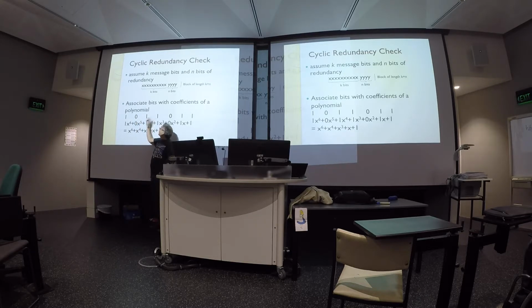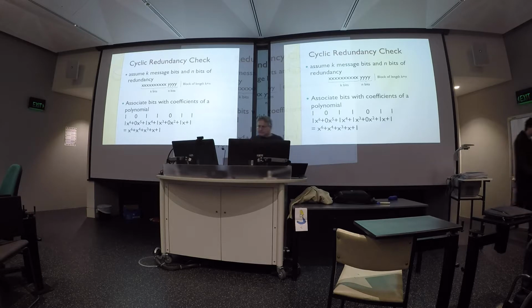We're only looking at the 1 terms in this polynomial. We've got a 1 here, so we've got coefficient 1 for x to the 4. And so we end up with this formula, which just represents the bits in our message.